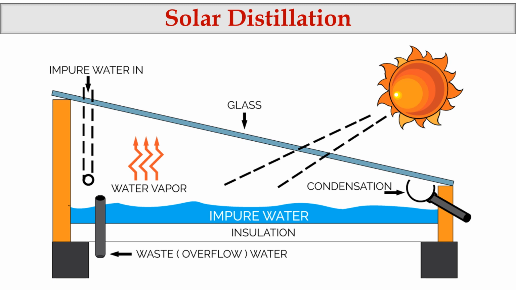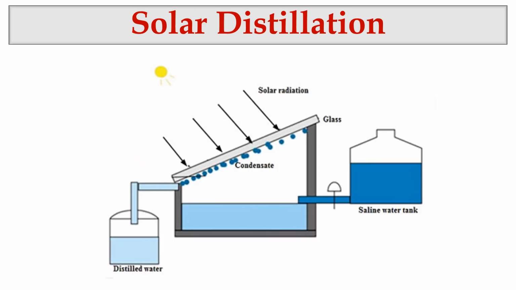Just like in our house, we are heating the water to purify the water. The same process we are using by solar radiation, freely available. So that's very simple. We look at different pictures so you can understand in more detail. We have solar radiation falling onto this glass surface, and this is the impure water. The impure water will heat up and evaporate and settle in this condenser.